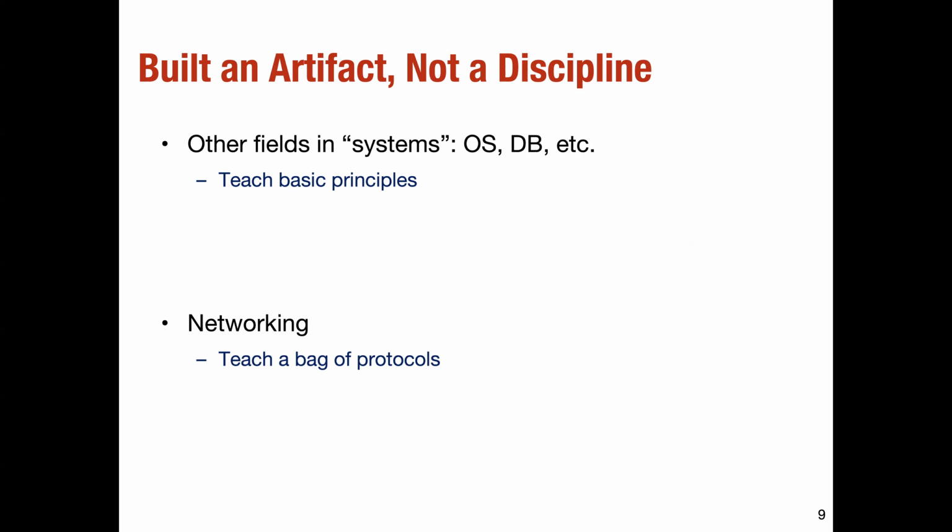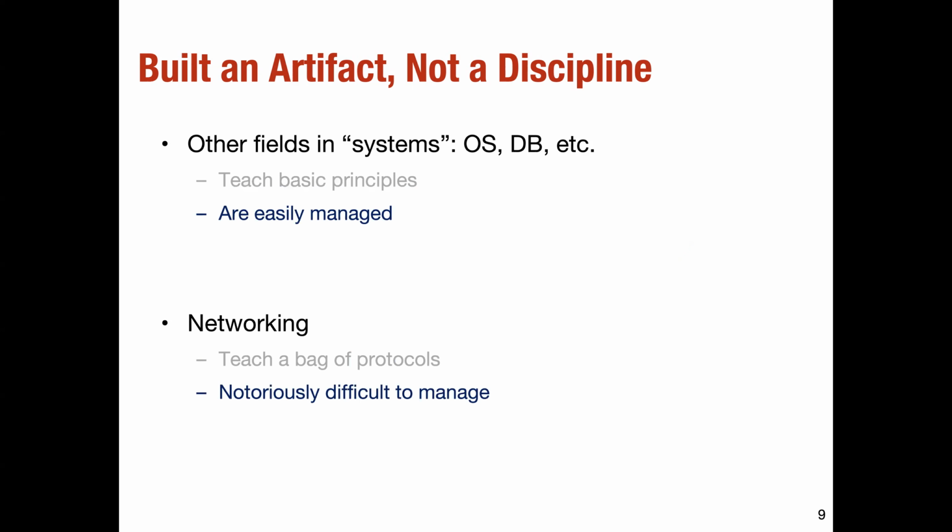So a bag of protocols, you learn those protocols. You learn the TCP protocol, you learn the IP protocol, you learn the HTTP protocol, the DNS protocol. You learn a lot of protocols. And then most of these systems, the operating systems or database systems, are relatively easy to manage, right? Because they have the right set of abstractions.